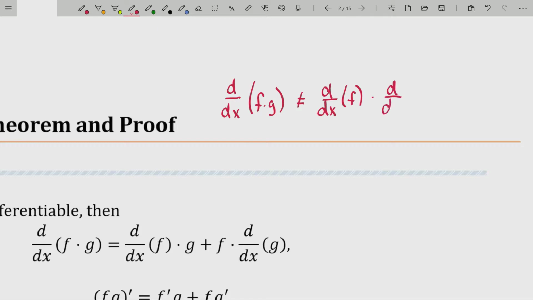It's totally not equal to that. We do have a rule that says if that was instead a summation, then you can break this apart into a summation, but not if it's a product. Products are very much more complex in differentiation and in calculus in general.